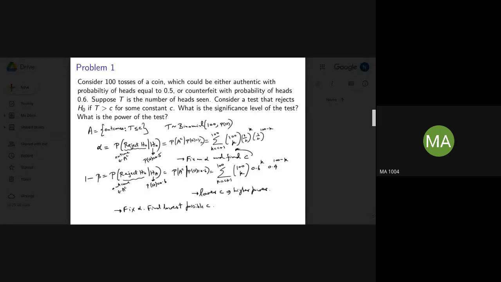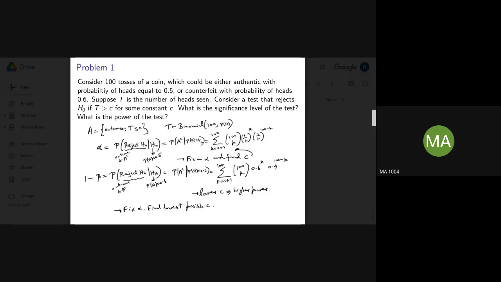So if you sum all this, x1 plus x2 up to x100, you get the number of heads seen. And that we are calling our test statistic, the particular statistic which we want to extract from a test sample.